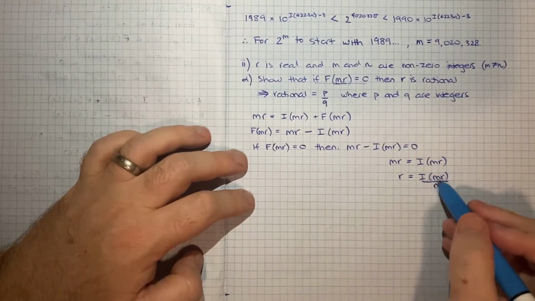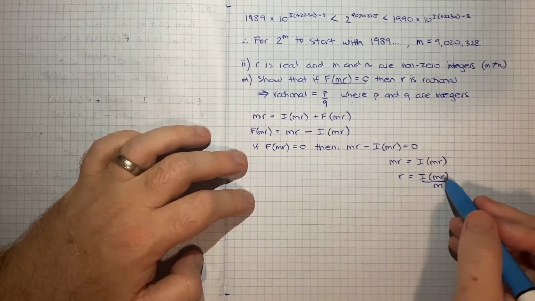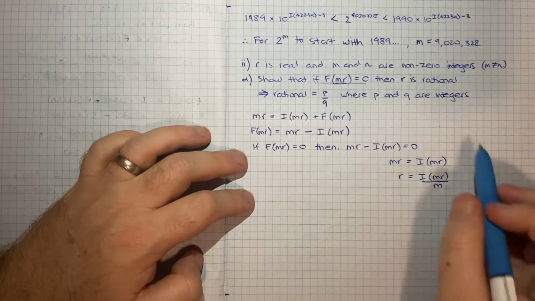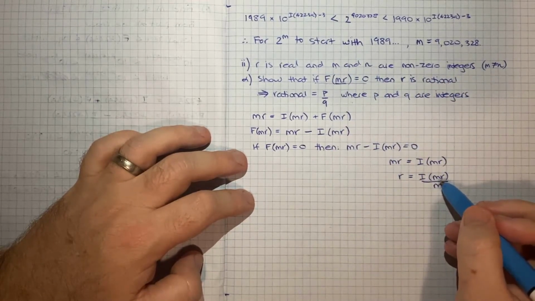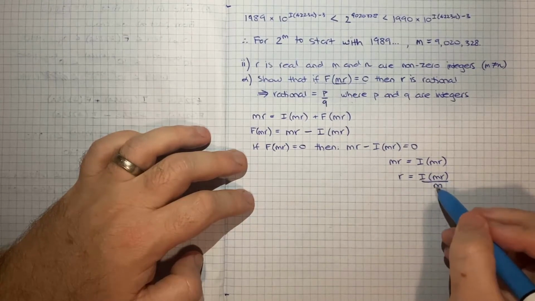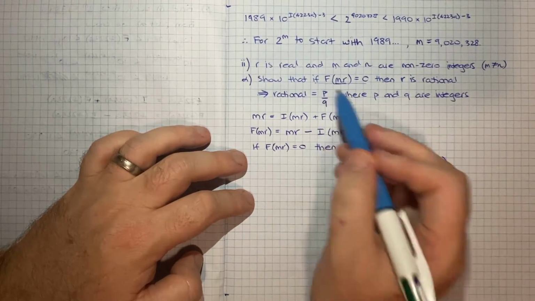Now the integer part of MR by its definition is an integer, and M we were told is an integer. So R is one integer divided by another integer, which is our definition of rational.